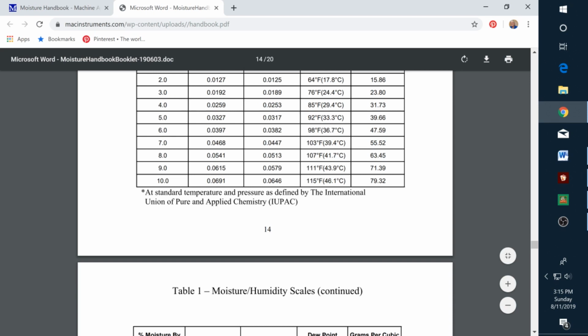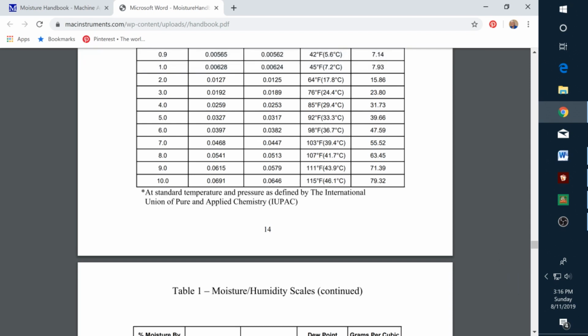So that's the vapor pressure, 3% of 1 atmosphere. So you can go here to any temperature, and this is telling you what the water vapor pressure will be as a percentage of total pressure at that temperature.